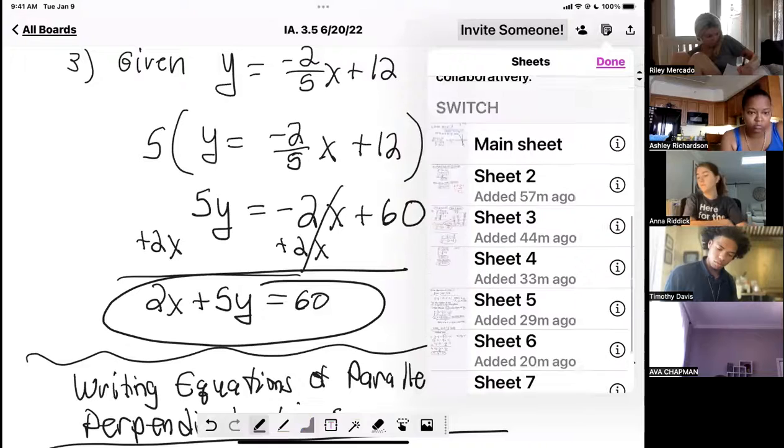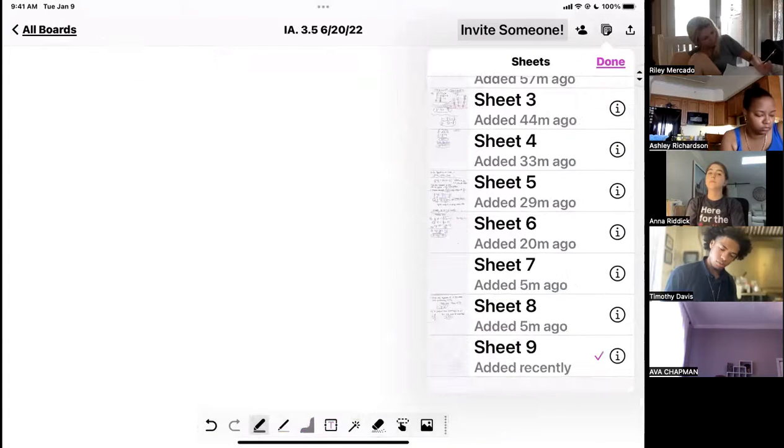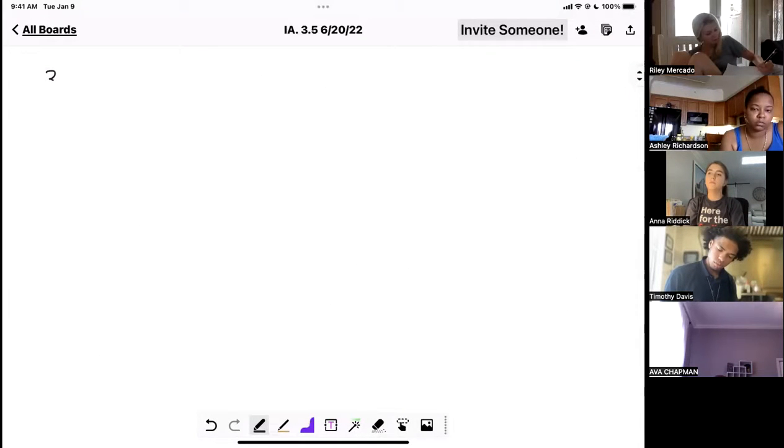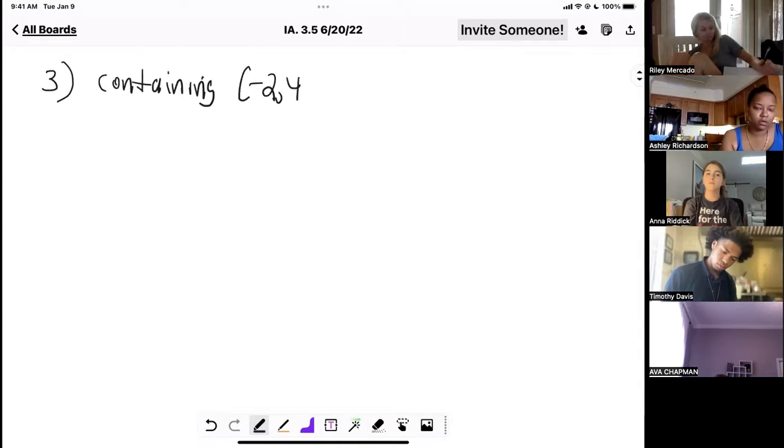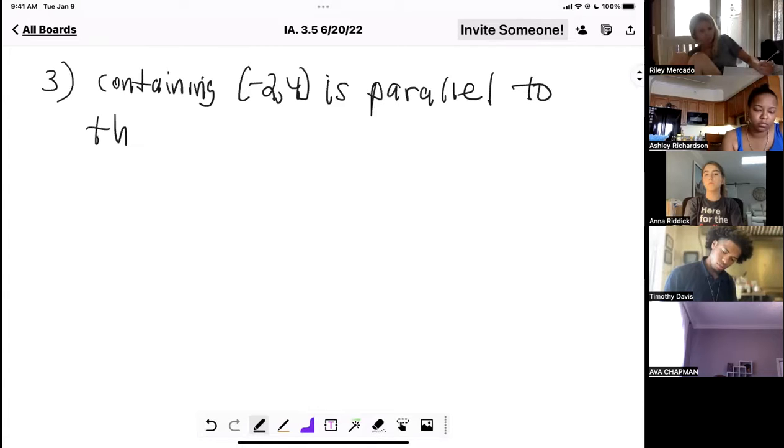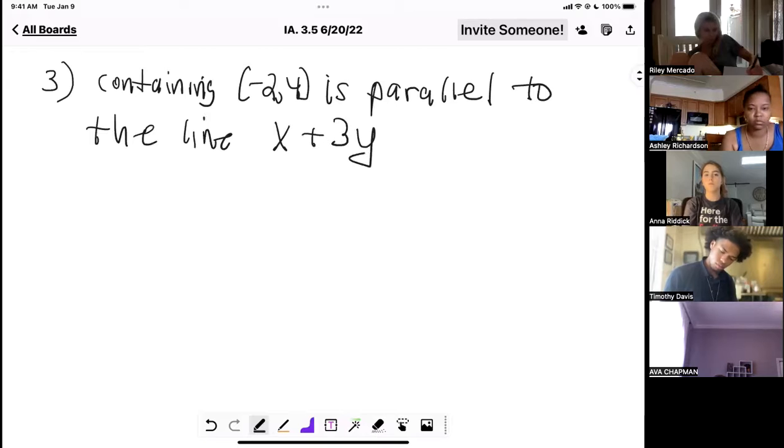Now let's go to what we learned last time and write equations. So same kind of idea. I'm just gonna put number 3, but it's a little different. Write the equation of a line containing -2, 4. That is parallel to the line x plus 3y is equal to 6.